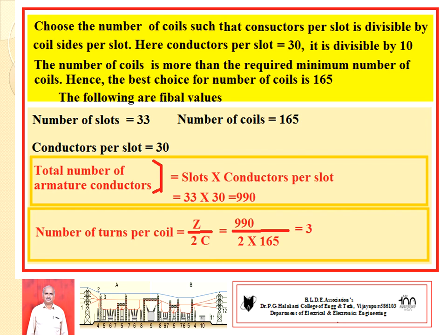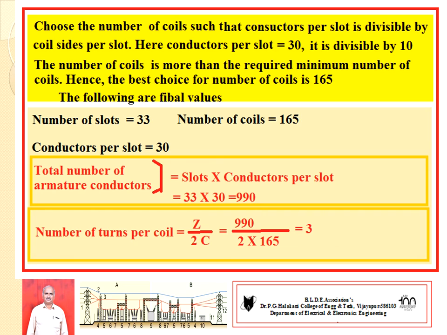Therefore, the number of coils should be more than minimum number of coils, because 165 is more than minimum number of coils from our earlier calculation. Hence, finally, we have to make the final value of coils as 165. Number of slots equal to 33. Number of coils equal to 165. Conductors per slot equal to 30.